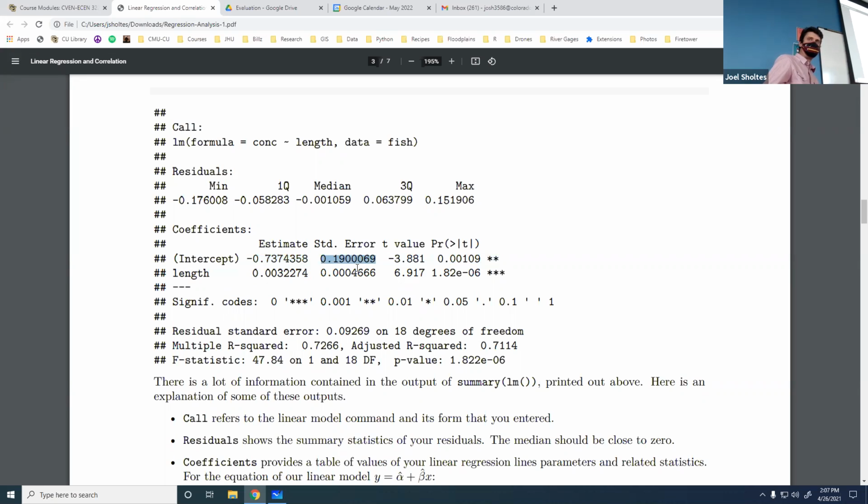It gives you the standard error. So this is some indication of the uncertainty of that variable, right? It's an estimate. Just like x bar, the mean of a sample, has a 95% confidence interval, so do these parameters. These parameters have t-scores based on the data, the amount of data you have, right?